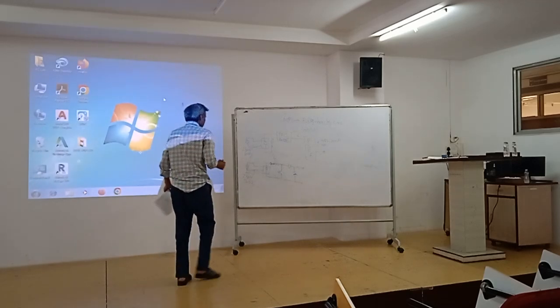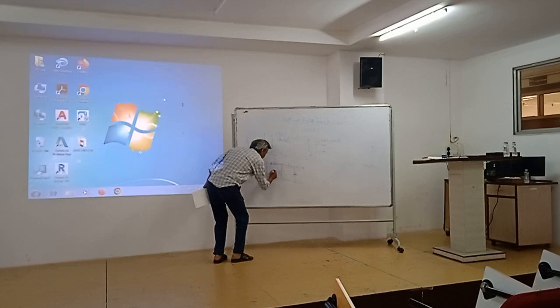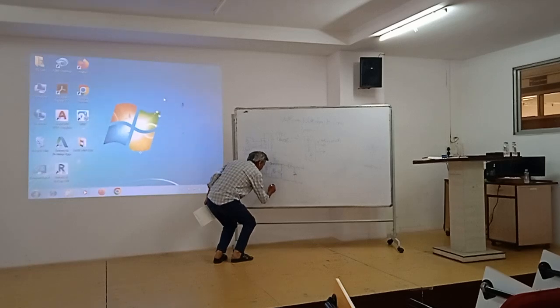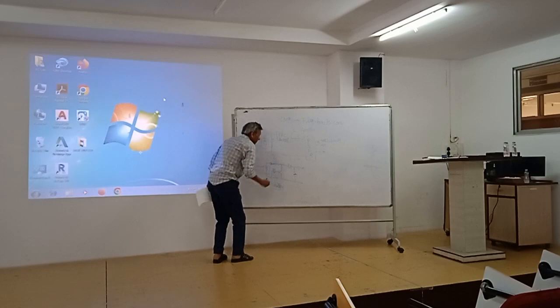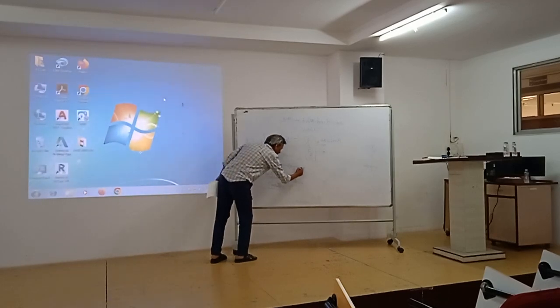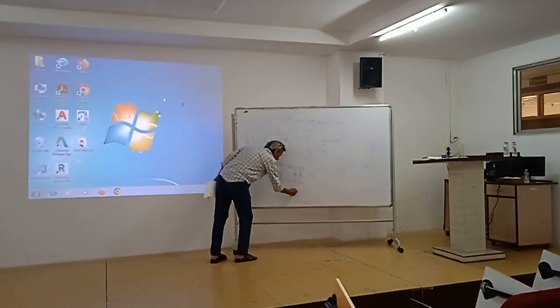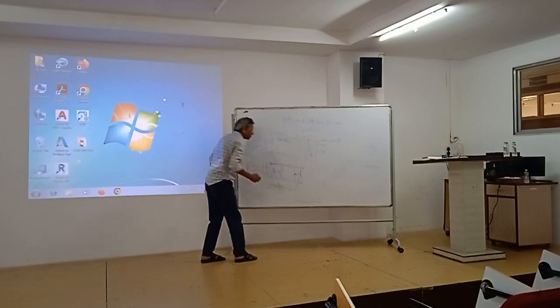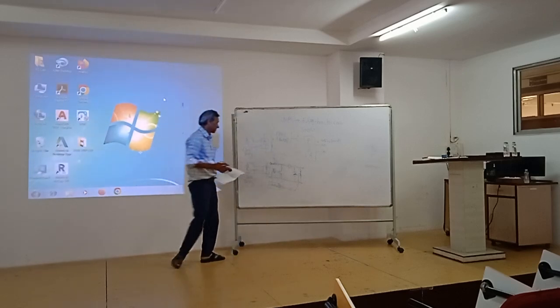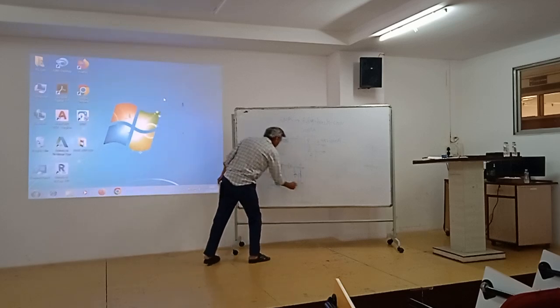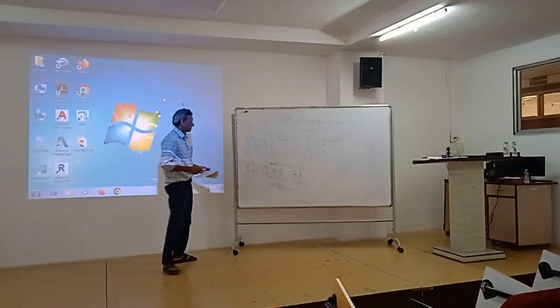And then there is a driver, and that is coming from the controller. The controller will sense the voltage, the DC link voltage, something like this. So this is PFC.